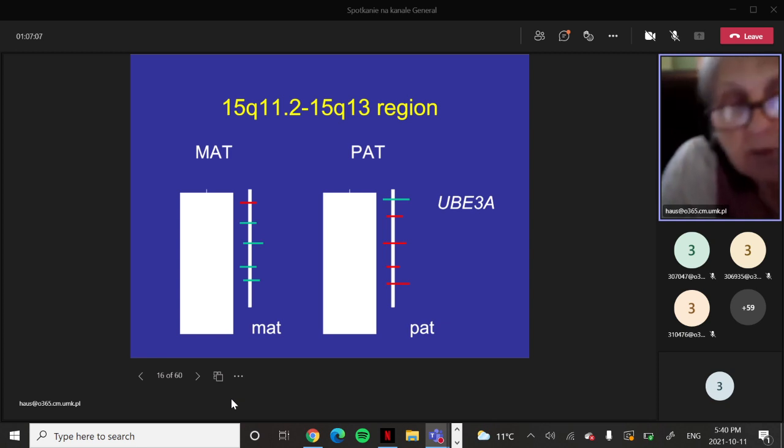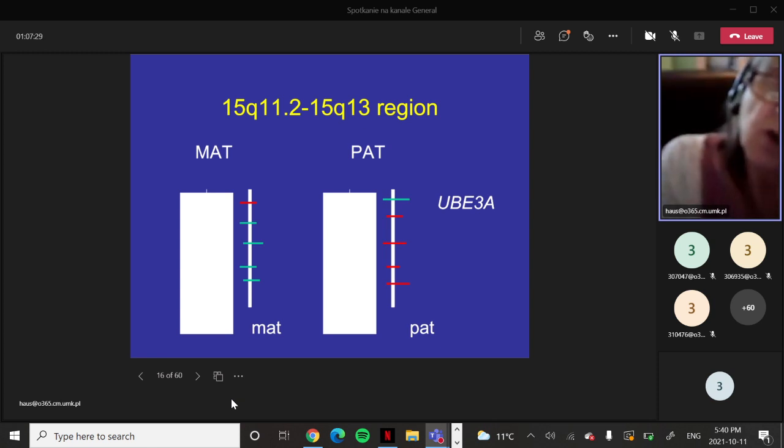The genes from number 2 to number 5 are methylated, are imprinted, so they are not active. And in the paternal chromosome, this first gene is inactive because it is normally in all men inactivated by methylation.